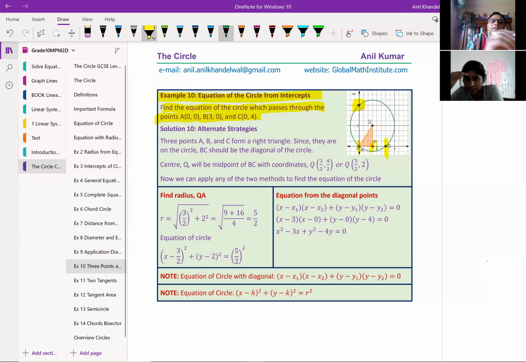If you draw the chord between A and B, and then find the midpoint of that, you can find the radius from that using the Pythagoras theorem. The right bisector of this side, this is also a chord, will give you the center.